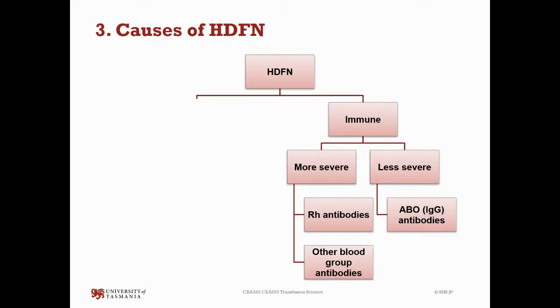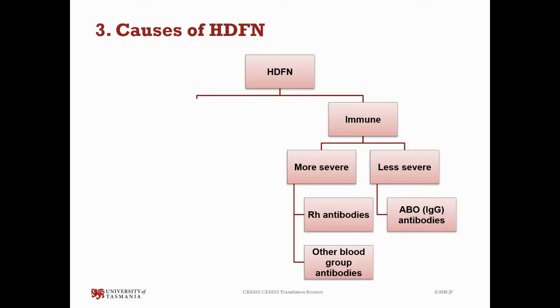The more severe causes of hemolytic disease of the fetus and newborn are the Rh antibodies, particularly anti-D. More frequent but less severe is HDFN caused by ABO incompatibility. Yes, you can get ABO IgG antibodies. And we'll talk about those in a minute.